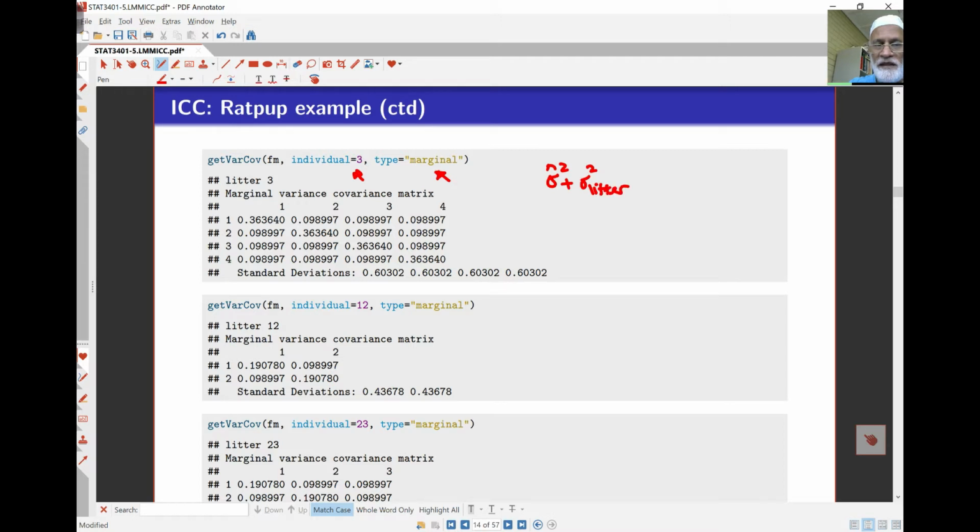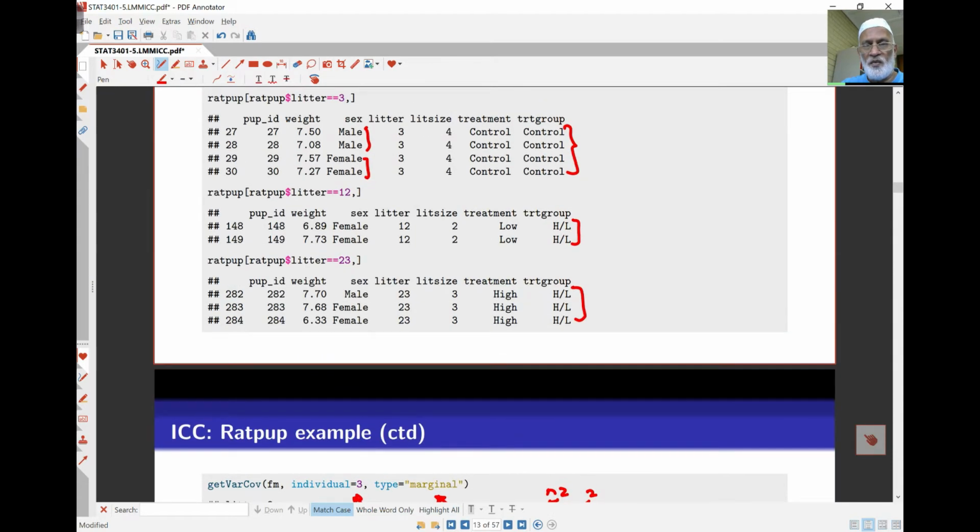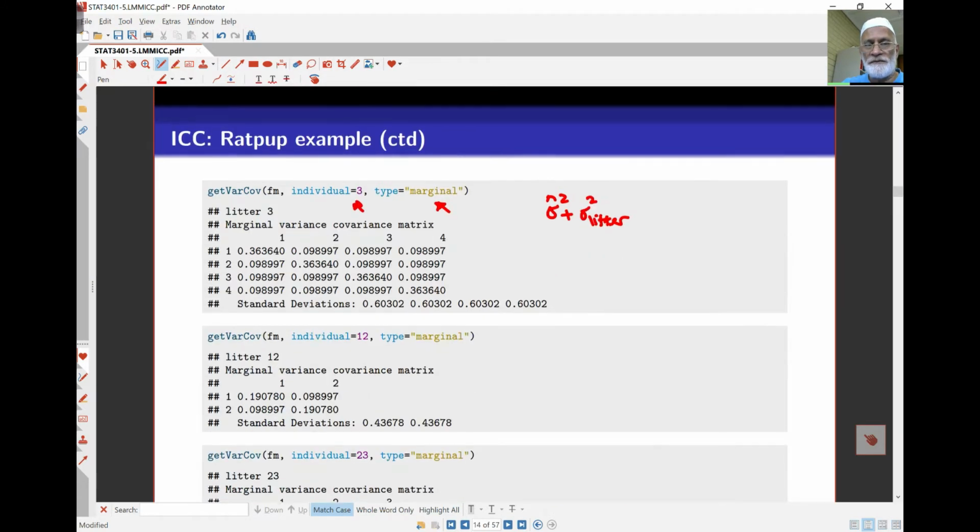Now given that in this litter number 3, go back a second, we have the control treatment structure, this should be sigma squared control. And the off-diagonal elements, because they now deal with the litter itself, the litter level variance, will be simply sigma squared litter.